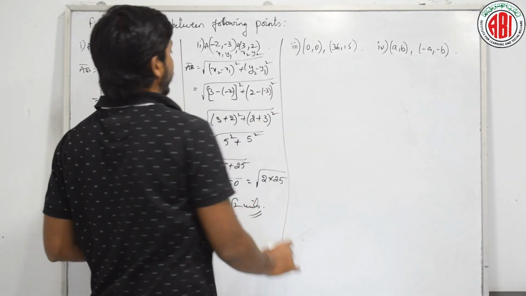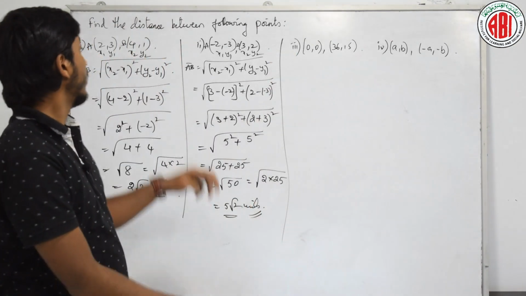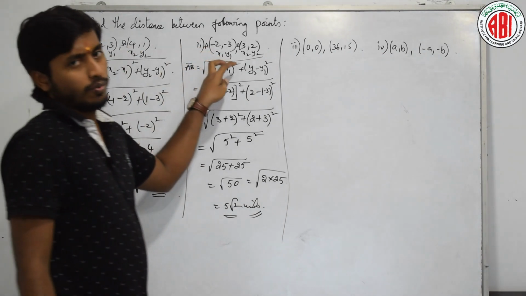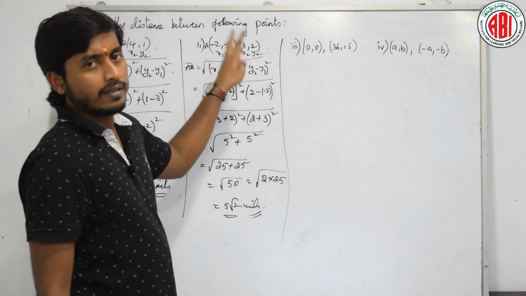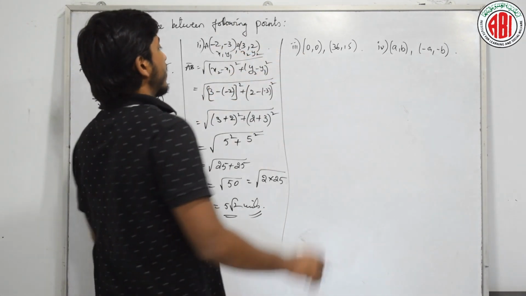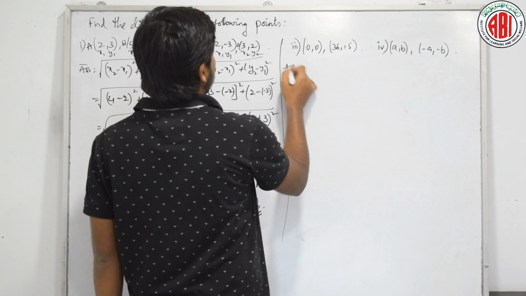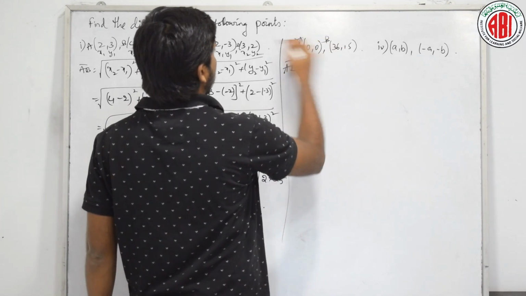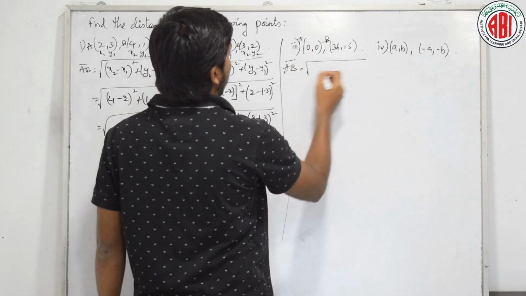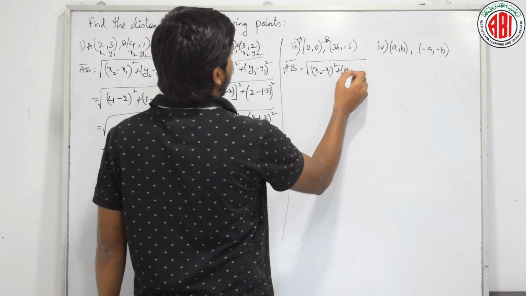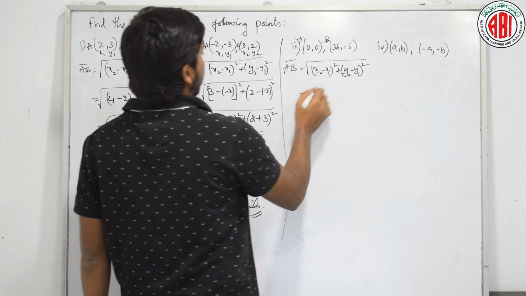Now see the next sum. Till now we did problems with both positive points, or with some negative and some positive coordinates. Similarly, let us do one more problem with 0, 0, that is the distance from origin. Now tell me the formula: x2 minus x1 whole square plus y2 minus y1 whole square.